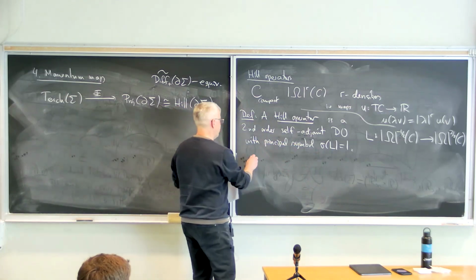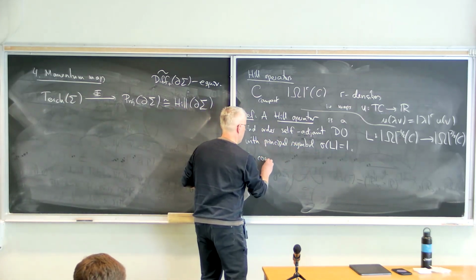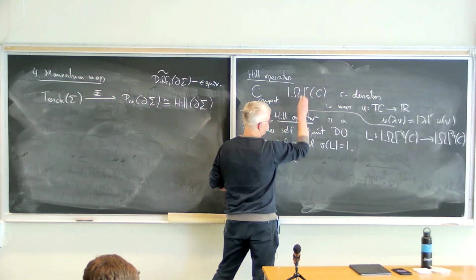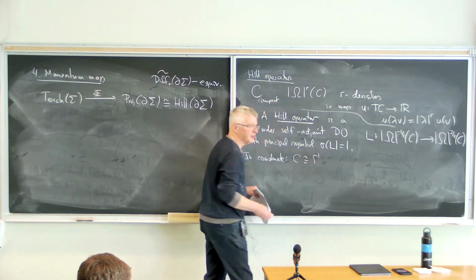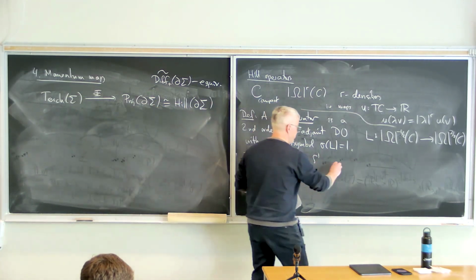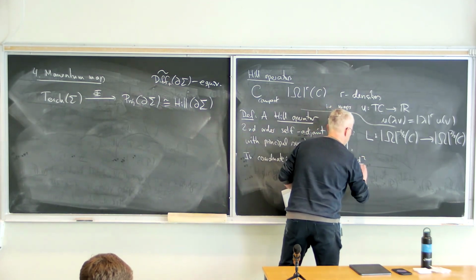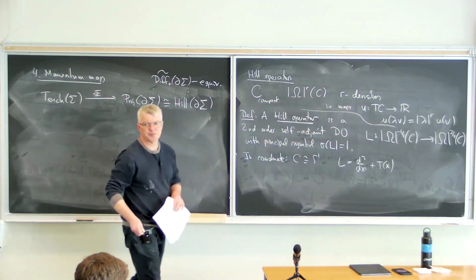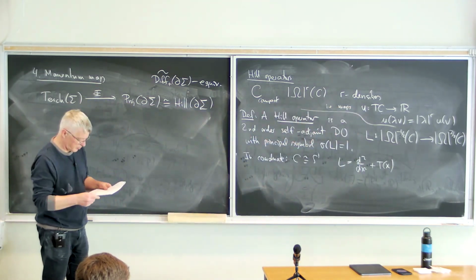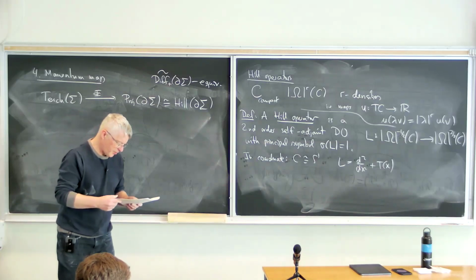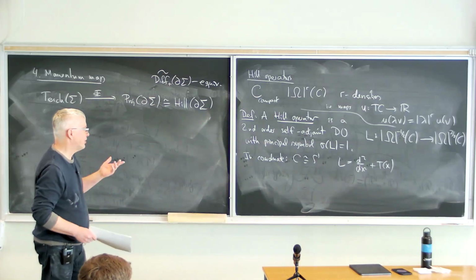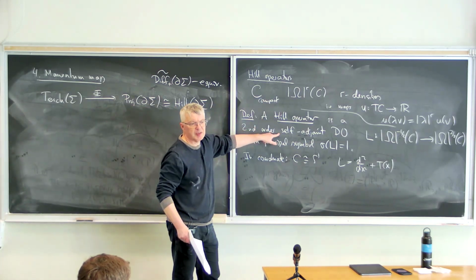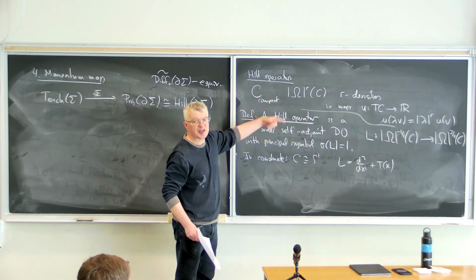In coordinates, it's actually very simple. So in coordinates, say if C is connected and you identify C with the real line, then a Hill operator is simply a Schrödinger operator. That's how it looks. However, the advantage of the coordinate-free description is that you see that the diffeomorphisms of C naturally act on it.